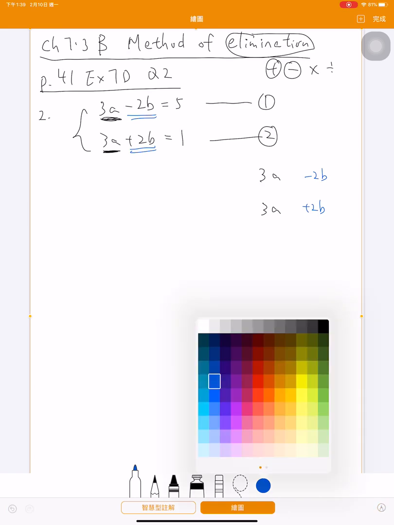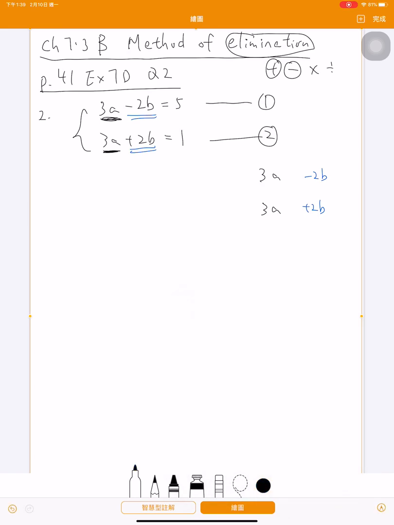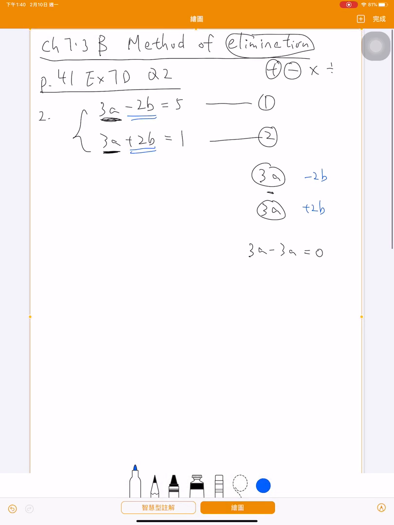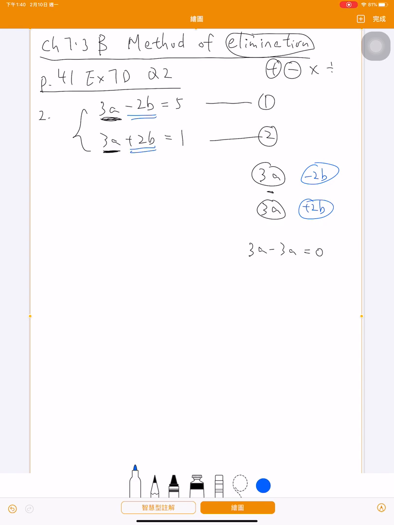So for these two kinds of unknowns, we have two ways to do it. For the first one, if they are totally the same number with the same sign, both positive or both negative, we may use minus to eliminate, right? 3a minus 3a, we know that is 0. Then for the b, one is negative and one is positive, so we can use addition, that is plus.